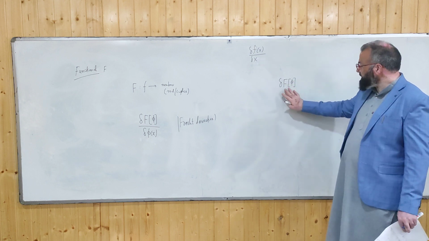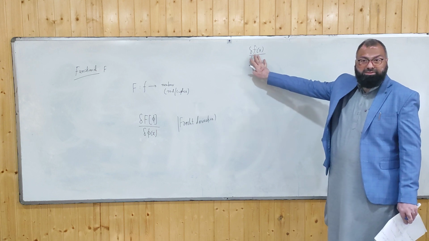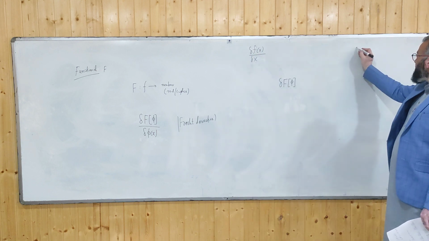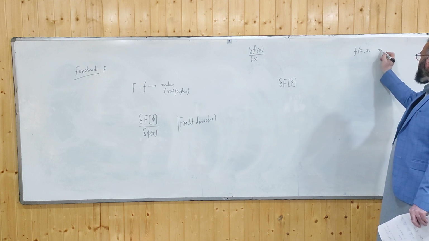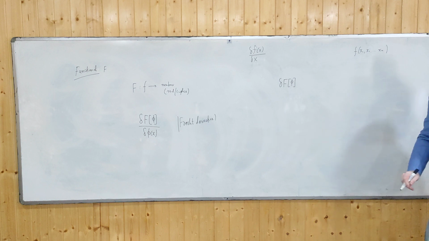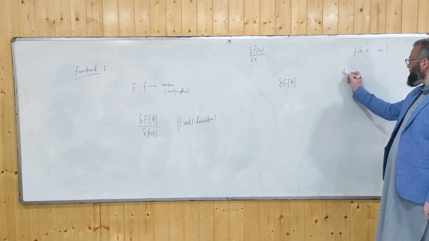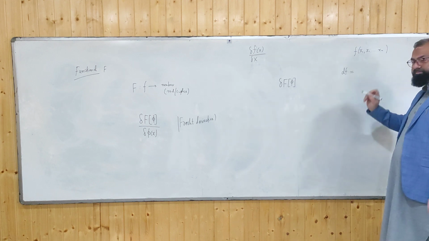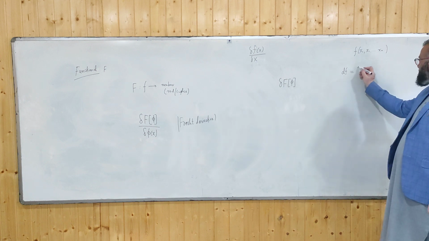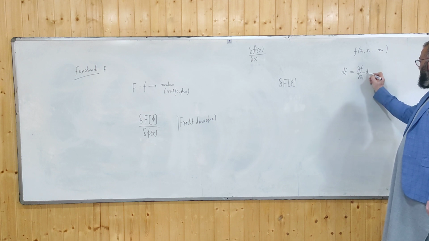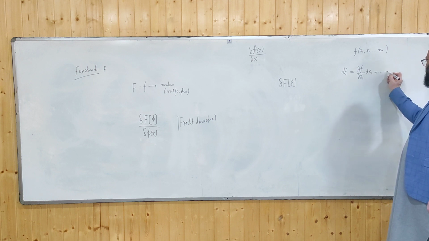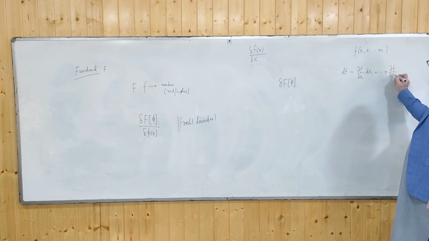Before doing this kind of variation, let's take a look at the variation of f. Suppose you have a function f of x1, x2, up to xn. This is a function of n variables. How do you define the variation df? You write the partial derivative of the function with respect to x1 multiplied by dx1, plus and so on.